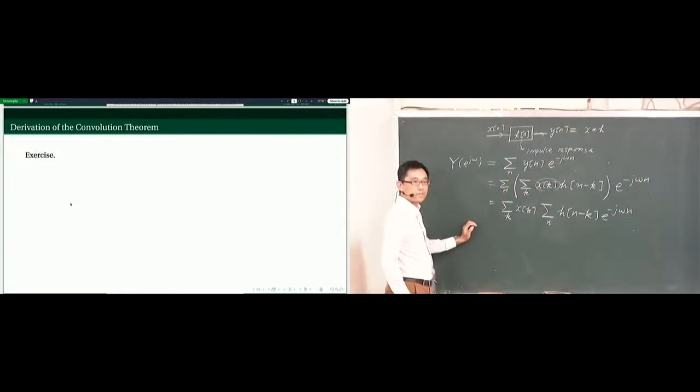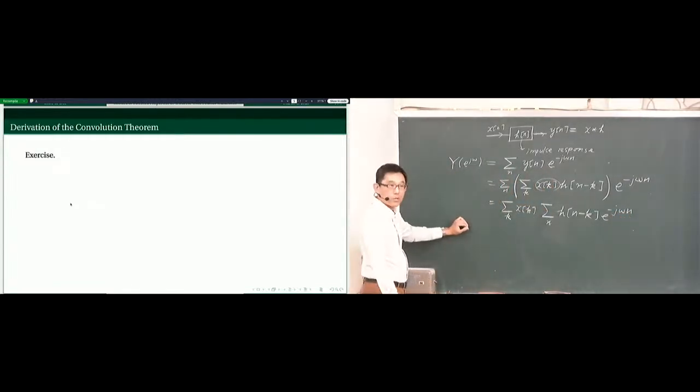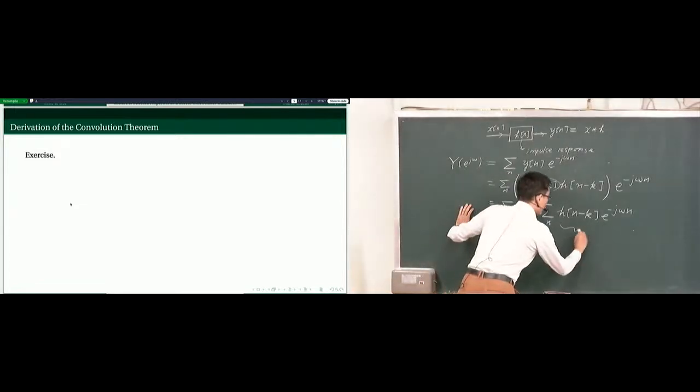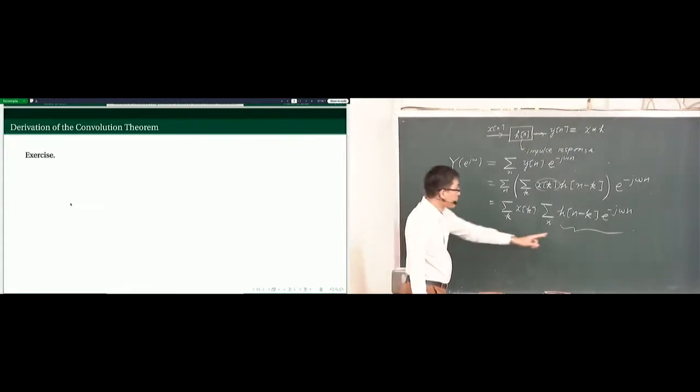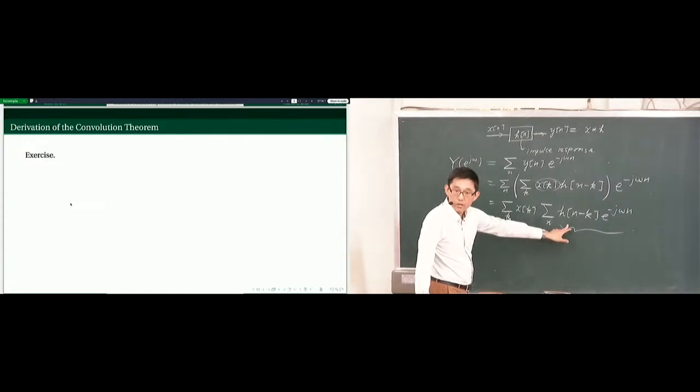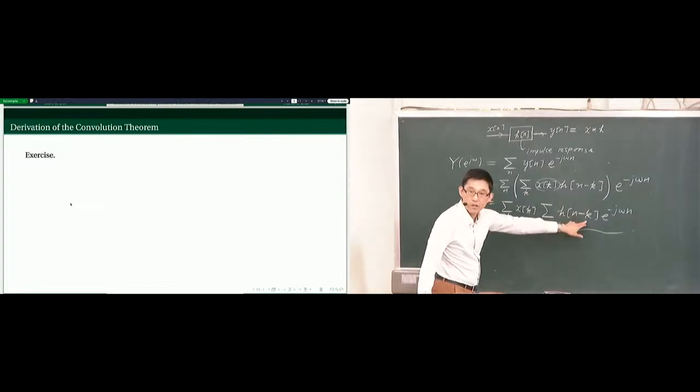Okay. So what do we notice? Here it looks like the Fourier transform of something, right? What's that thing? The thing is h shifted by k samples.